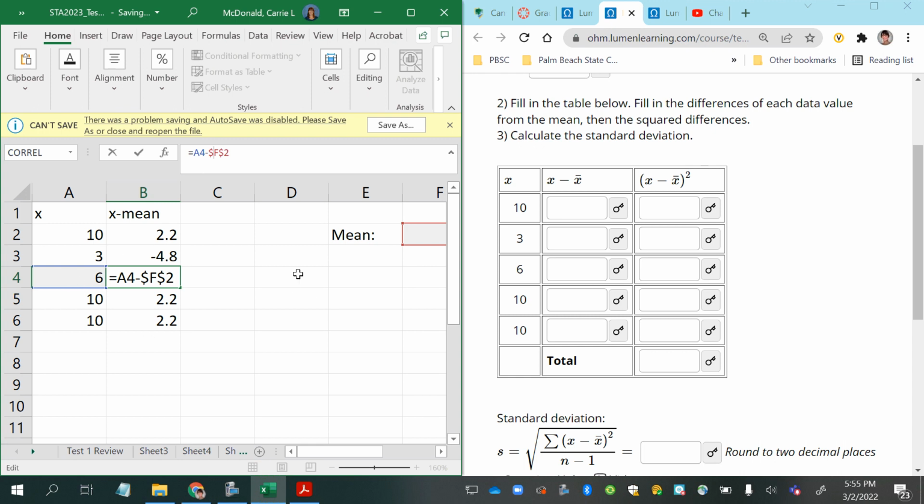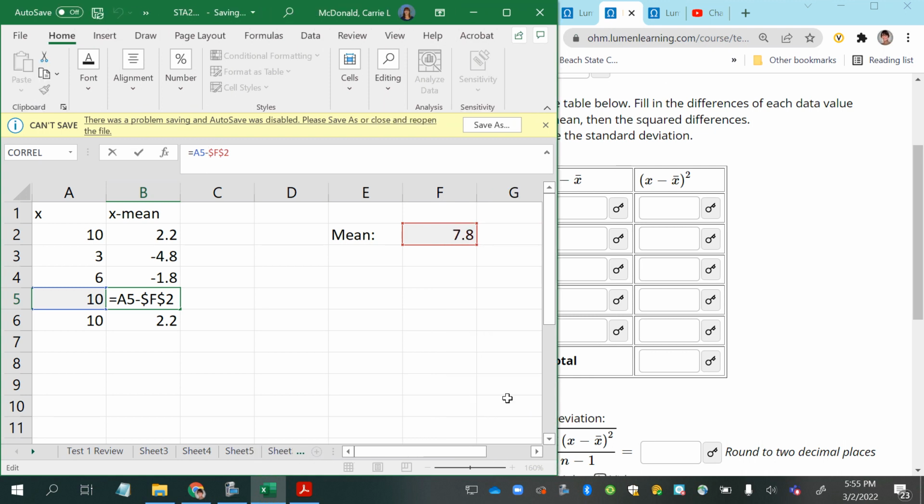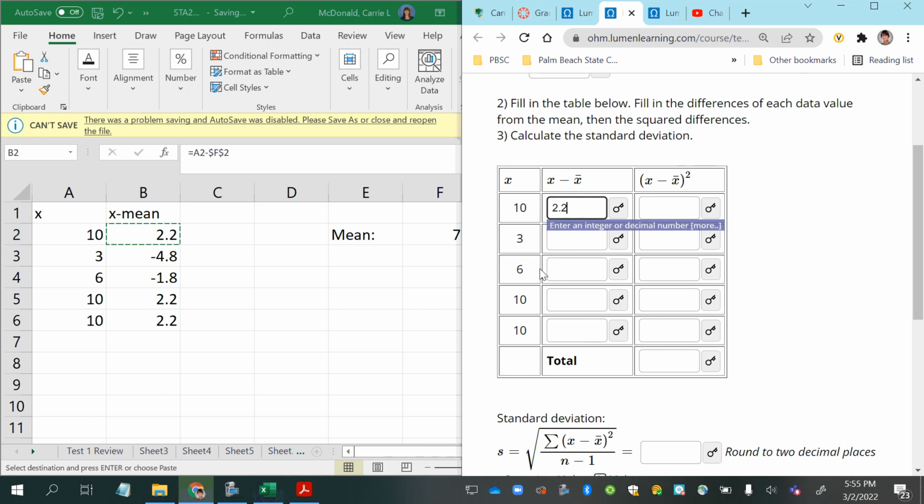But all the while, as I go down, the mean cell that's being used is always the same. That's what we want. That's what we mean by an absolute reference. It doesn't shift. Once you have all your differences, you can copy and paste those into your table.